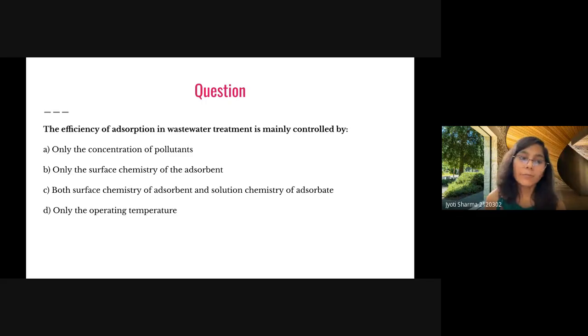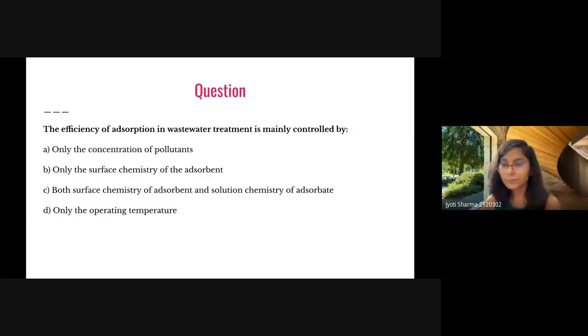And we have here four options: only the concentration of pollutant, only the surface chemistry of adsorbent, both surface chemistry of adsorbent and solution chemistry of adsorbate, and only the operating temperature. Very simple, I think. And Venkatesh, I think, already has given me the answer.